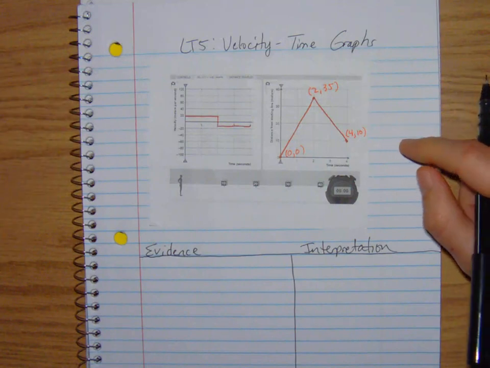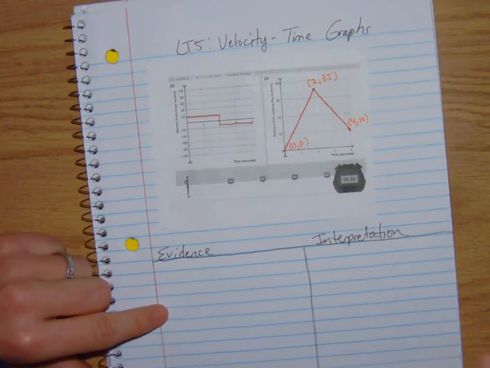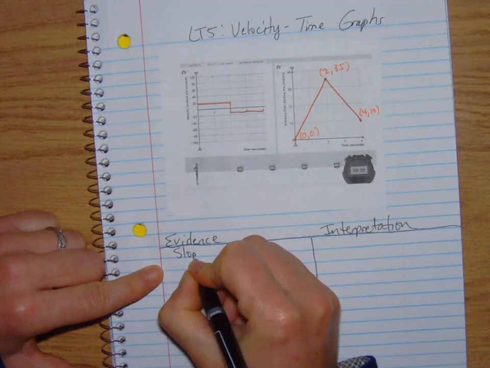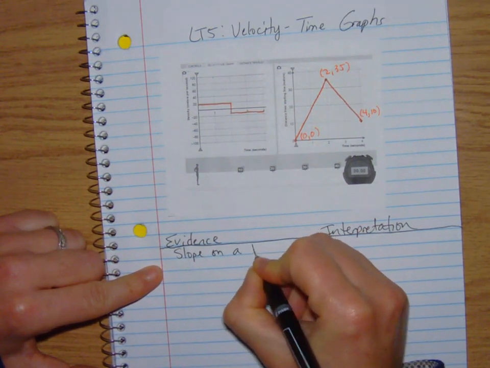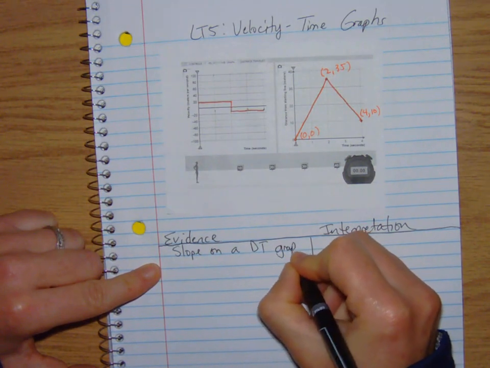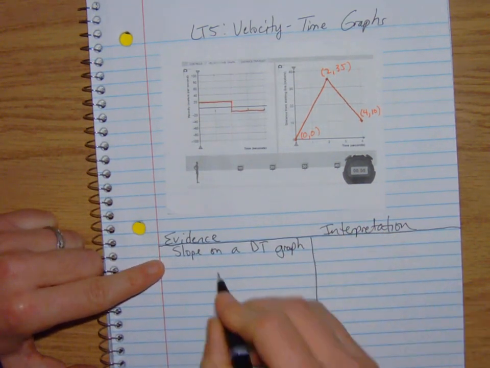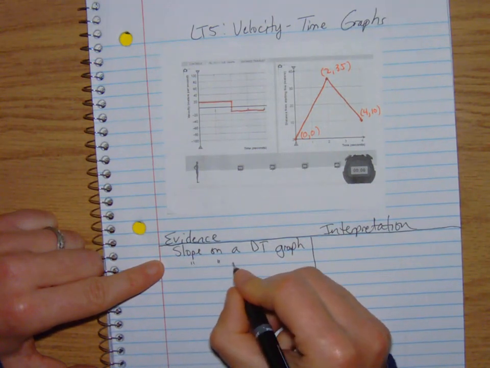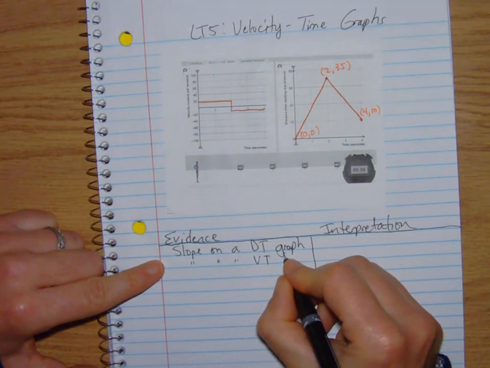So first thing we need to do is review what the slope means on a DT graph, or distance time graph, because that is not what it means anymore. So slope on a distance time graph versus slope on a velocity time graph.